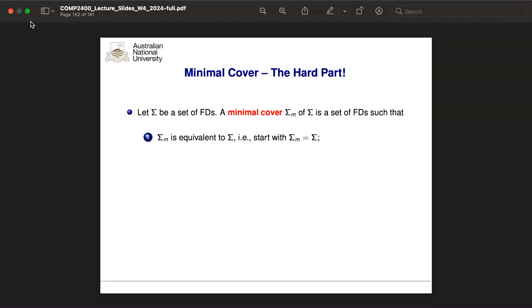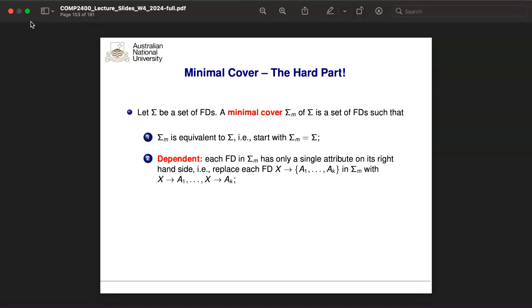Here I just give very brief steps of the algorithm for how we find the minimal cover for a given set of functional dependencies. Basically, if sigma is the set of functional dependencies you have, you may wonder whether it's minimal. You go through several steps. First, you start with the given set of functional dependencies.